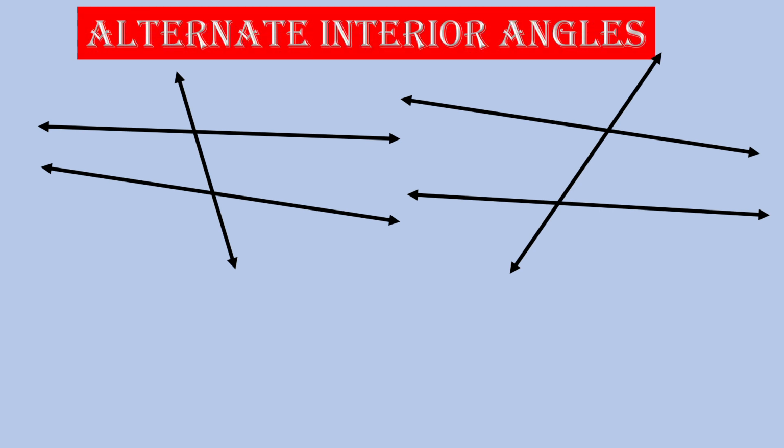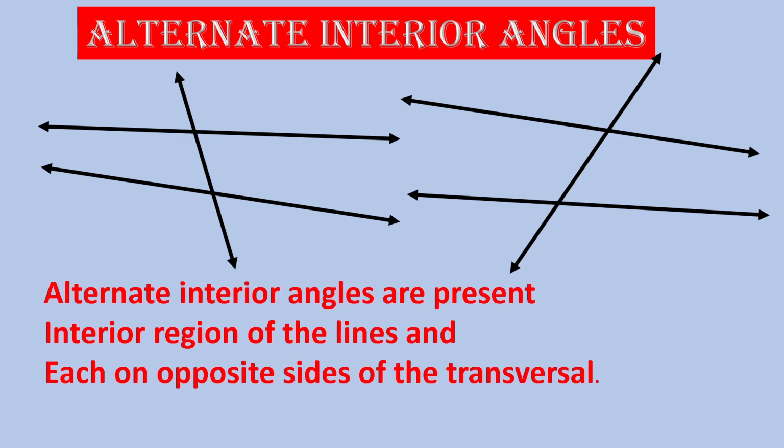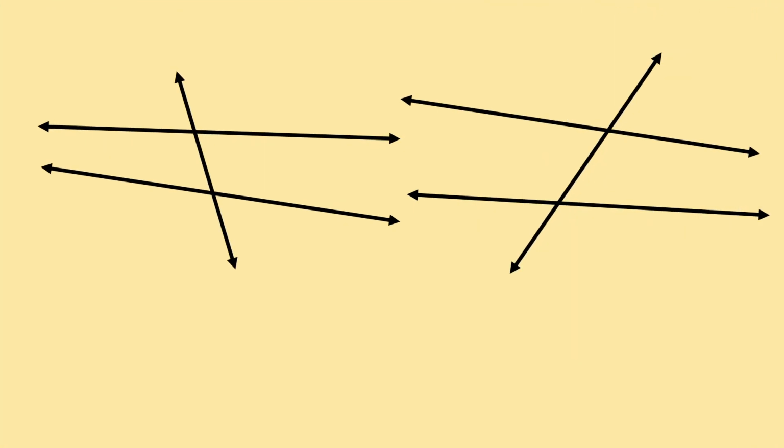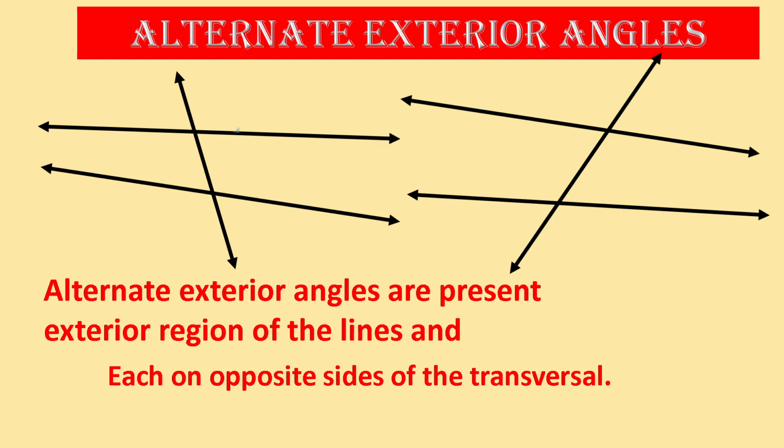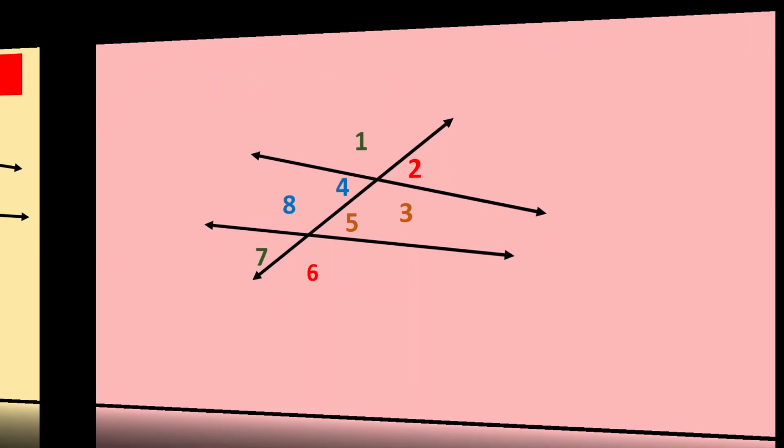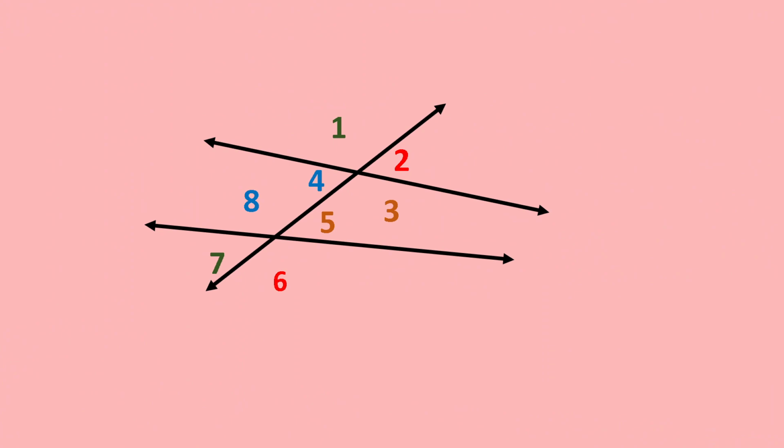Now alternate interior angles, which are also called alternate angles. Alternate angles must be interior and must be present on the other side of the transversal, or the opposite side of the transversal. This is a pair of alternate interior angles, and a pair of exterior alternate angles are present in the exterior and on the opposite side of the transversal.